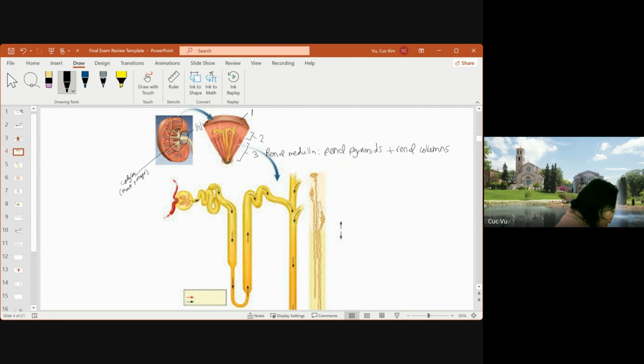And then finally, the hilum is that space, but if I were to shade in this area right here in the blue, what area did I shade in? The renal pelvis? Yes, that's where the renal pelvis is. And then when it exits, I'll color it in red. That's when it becomes the what?